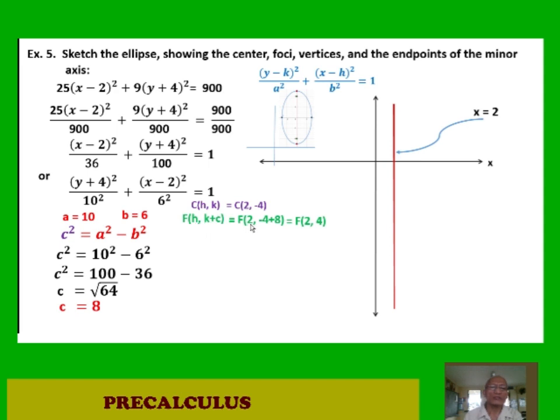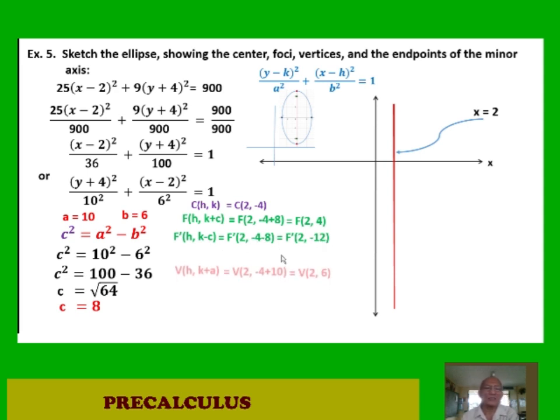H is 2, k is negative 4, plus c is 8. Negative 4 plus 8, simplified, this is (2, 4). F prime, (h, k minus c). H is 2, k is negative 4, minus c, c is 8. So negative 4 minus 8 is negative 12.